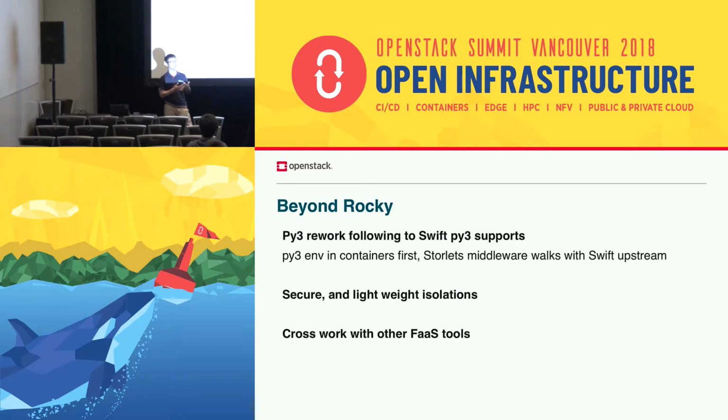Recently, I think other communities are developing more, like Amazon Lambda, that support more functionality in storage upstream. And then we might need to add some support tools for monitoring or something like that.